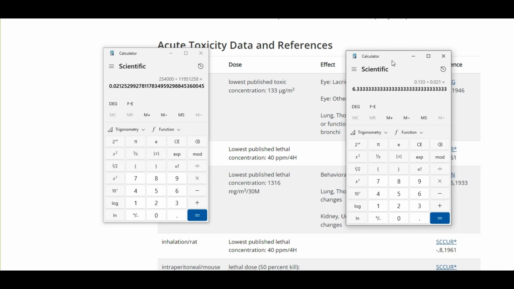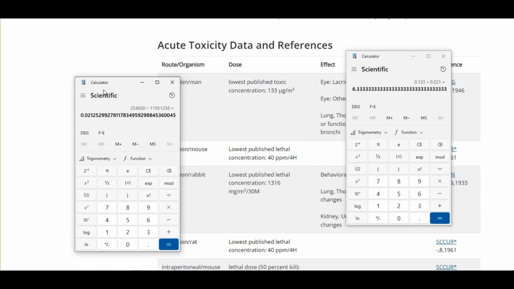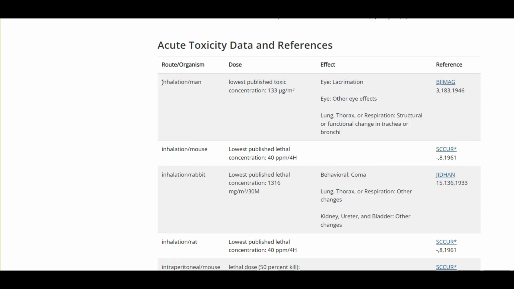Now I'm not doubting that the odor threshold is toxic. I'm not doubting that anything below that is toxic. I'm just looking at what's published here, and I don't know how that went down.